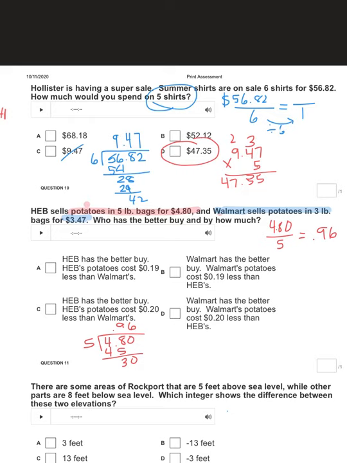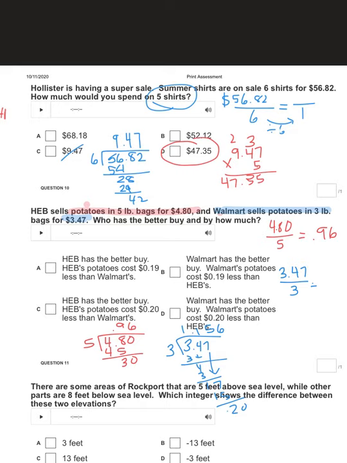Then Walmart has 3-pound bags, so $3.47 for 3-pound bags. So I'll divide that by 3. That goes in 1 time. 3 goes into 17 5 times. And then that would be a 6.